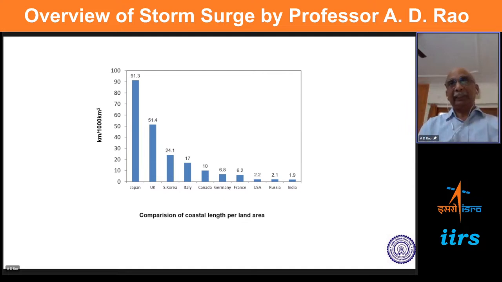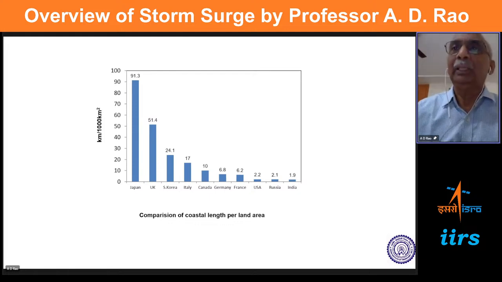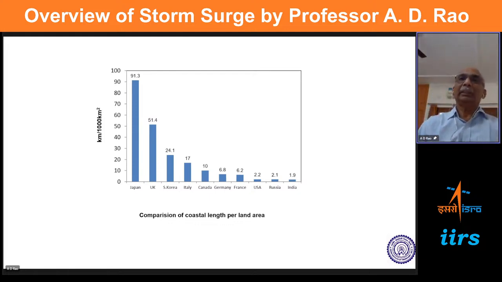For example, Japan doesn't have much inland area; most of it is actually coastal, about 91 in terms of percentage. But India is the last. What does it mean? Compared to inland area, our coastal area is very, very small.